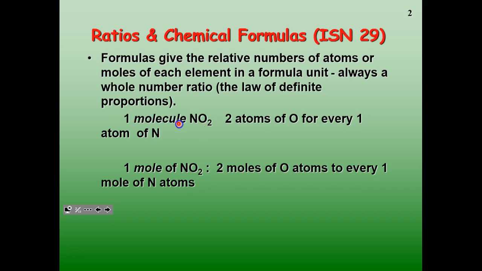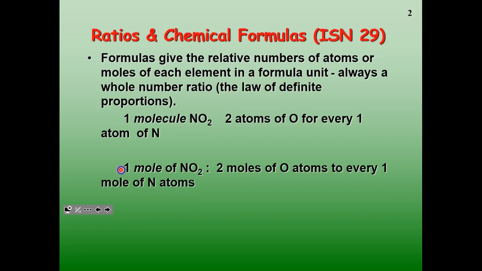So for example, if we're talking about the molecule NO2, nitrogen dioxide, if we have one of those units, we can interpret that unit to be a molecule because it's a covalent compound. In that case, if we're saying we have a molecule of NO2, then the subscripts represent individual atoms, right? So we have 2 oxygen atoms for every 1 nitrogen atom.